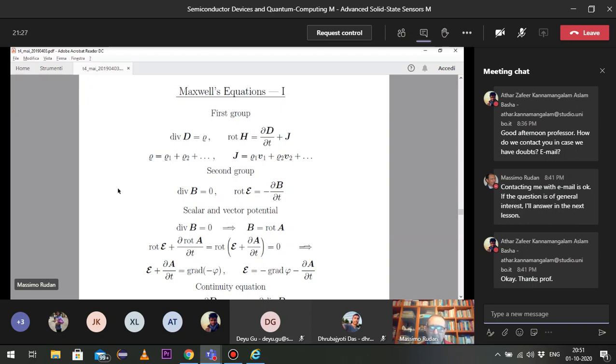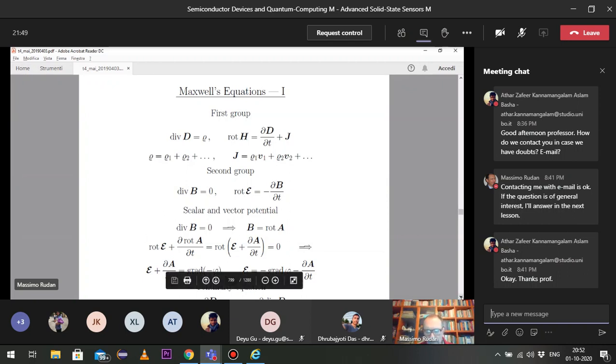And on the right-hand side, you have the divergence of J plus the derivative with respect to t of the divergence of D, but this divergence is equal to the charge density rho because of the first Maxwell equation.